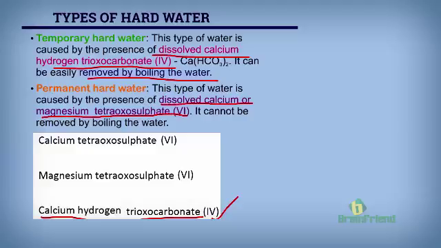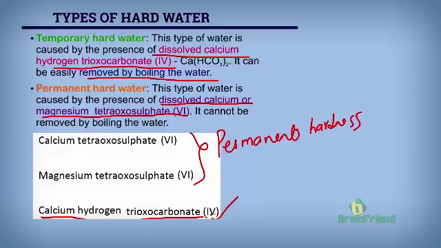And this kind of hardness cannot be removed by boiling. So, these first two salts cause permanent hardness of water. Permanent hardness. Okay? While this one causes temporary hardness of water.